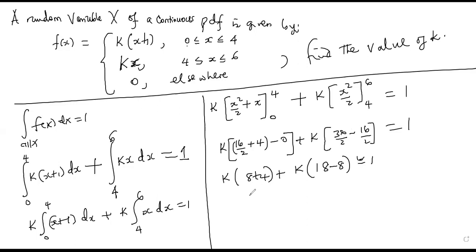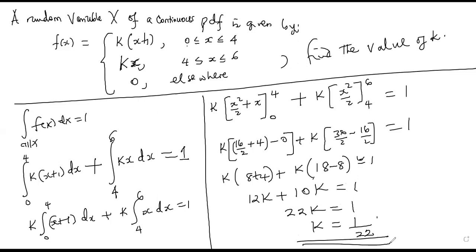So this is 12k plus 10k is equal to 1. So this is 22k is equal to 1, giving you k as 1 over 22. So that is how we get a constant.